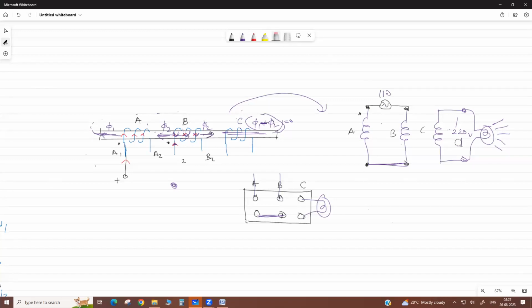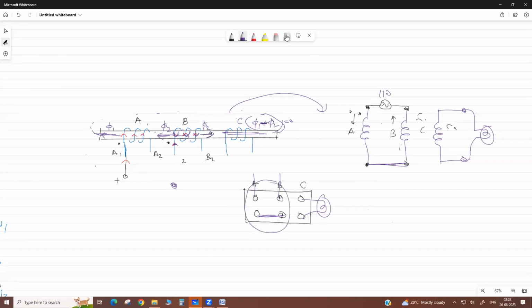But if the flux produced by coil 1 and coil 2 are opposite, the net flux here is 0, then no EMF is induced and the bulb is not bright. Then we know their dots are opposite, the coils are oppositely connected. So we find out these two.